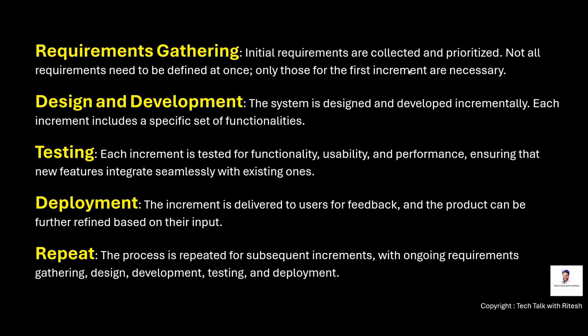We'll get the initial requirements, collect them, prioritize them, because now we are talking about phased delivery. So we need to collect not only the functional requirements, but also understand which functionalities have more priority than others, so that those can be planned in the first iteration, and so on.